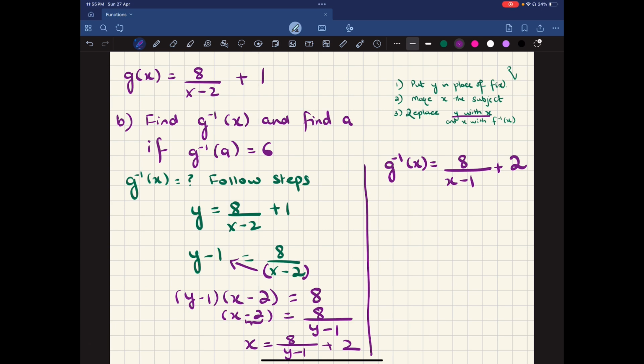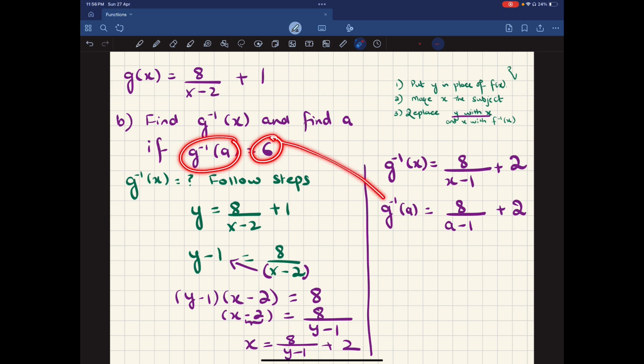So g inverse of a is going to be 8 over a minus 1, plus 2. What is the value of g inverse of a? It is 6. So we're going to substitute 6 here. So 6 is equal to 8 over a minus 1 plus 2.